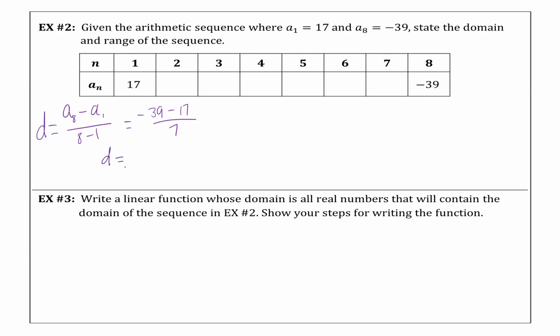All right, what's negative 39 minus 17? Negative 56. And negative 56 divided by 8 is what? Negative 7. Negative 8. So our D equals negative 8.